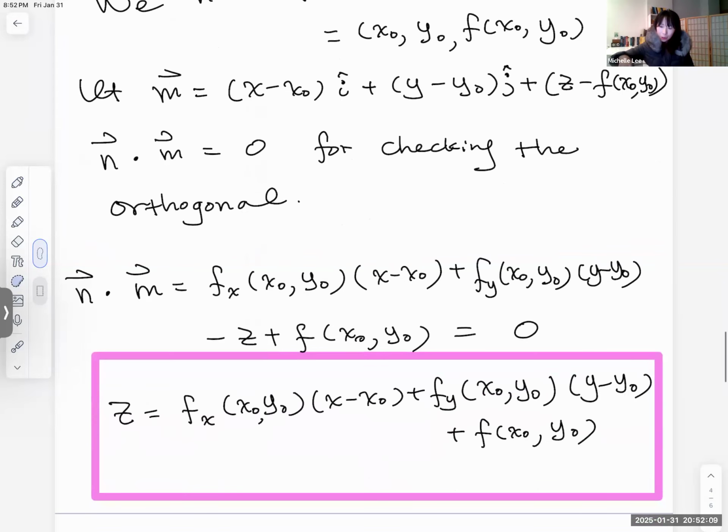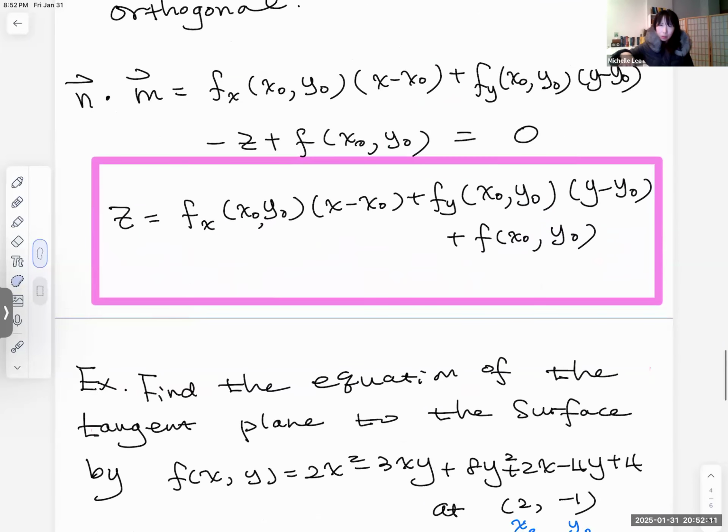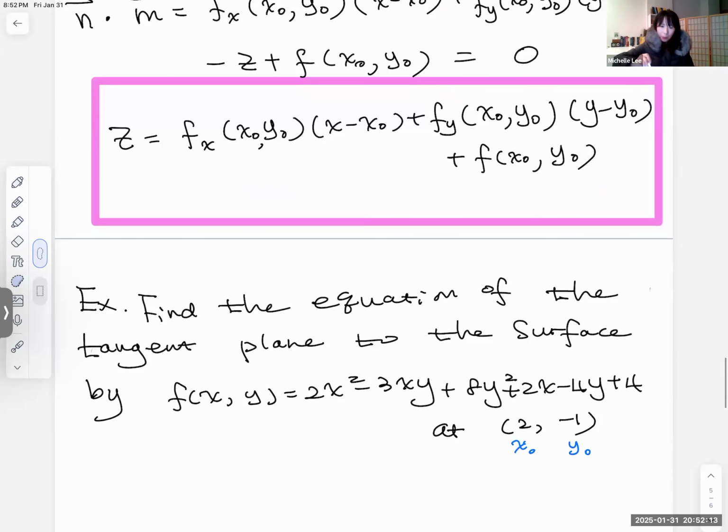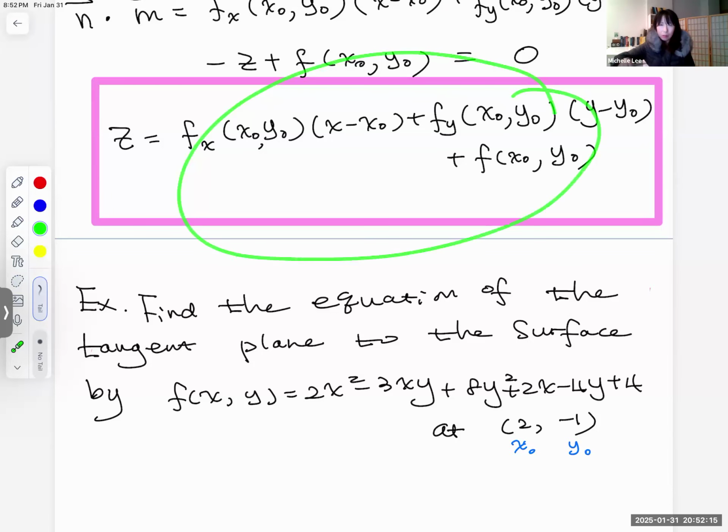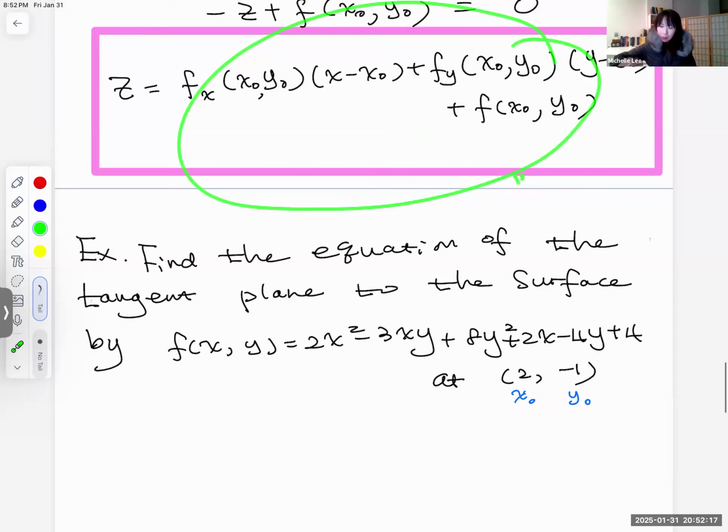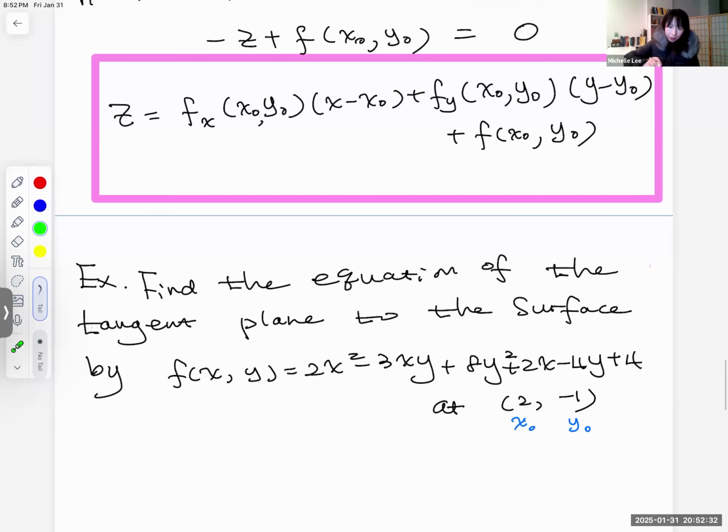Let us do an example applying this equation, okay? We have to find the equation of the tangent plane to the surface given by the function, all right? We have a point which is x naught, y naught. And then let's bring this equation. My handwriting is too big.